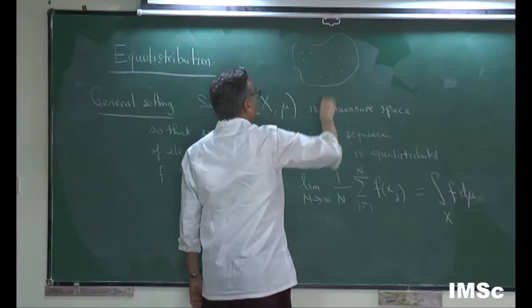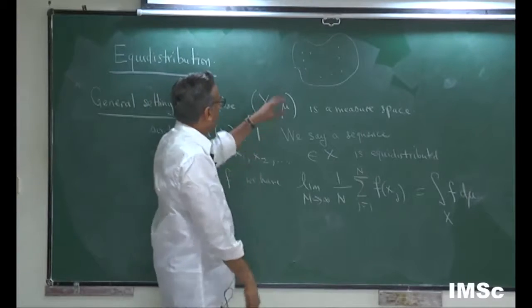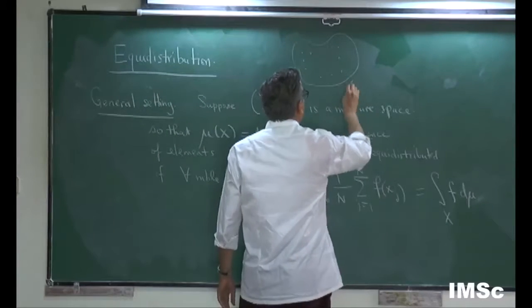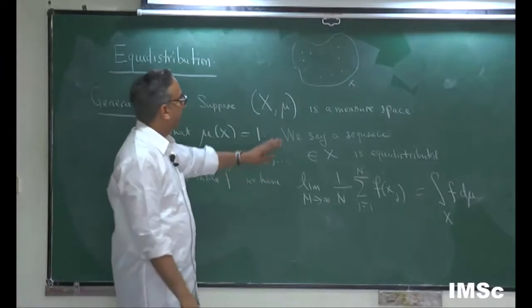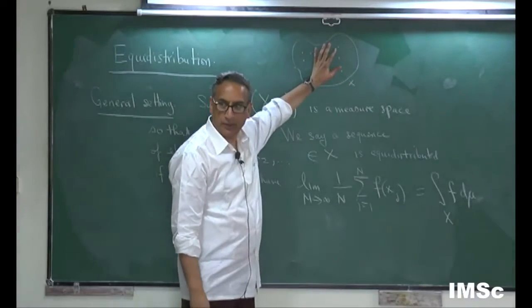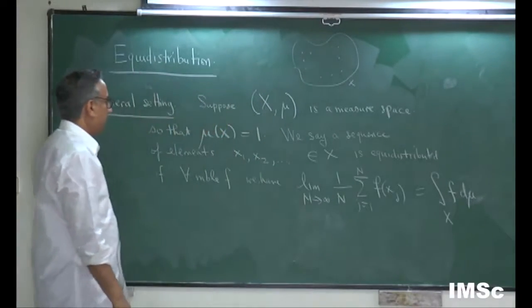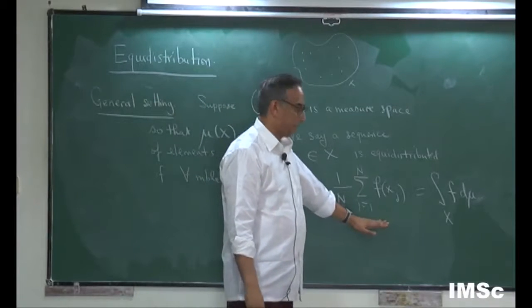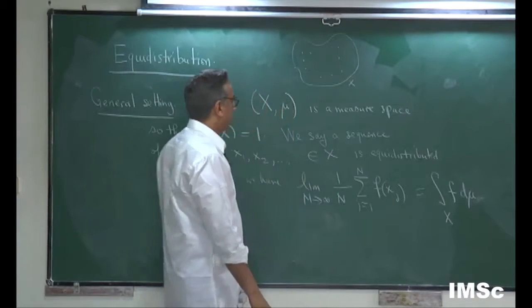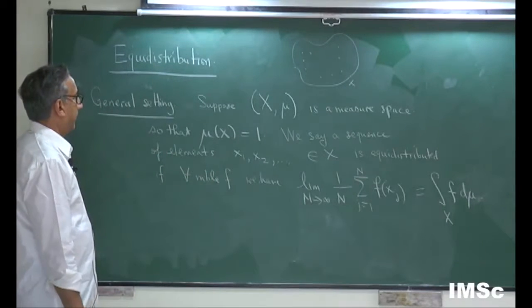I'm traversing through the space X. And so some way to measure that these points are distributed evenly, uniformly in the space, is by asking whether or not this kind of property exists. So that's the general setting.